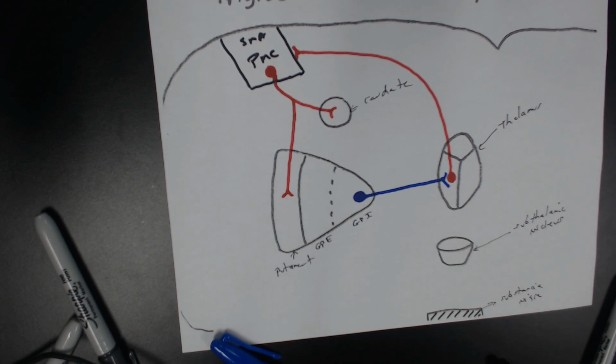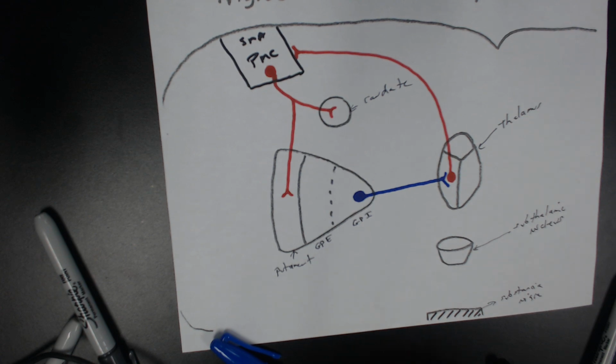Yes, Taylor? Once you get into those red pathways, we're not at rest. Yeah, so what's happening is the SMA and PMC is sending out, it wants to contact the basal ganglia, but we're starting to plan a movement, so we want to know where things are and whether or not we're going to move. Okay, so think about motor planning, what has to happen there. Okay, so everybody got it.